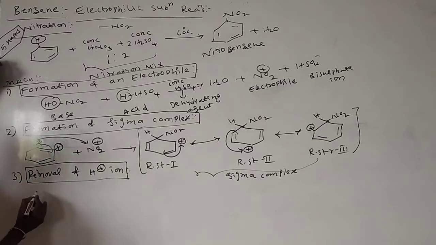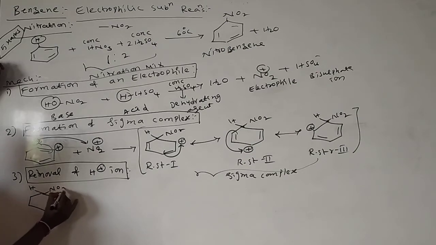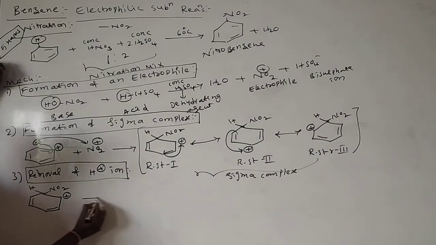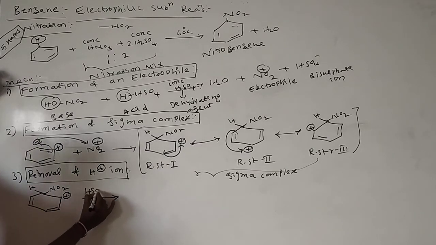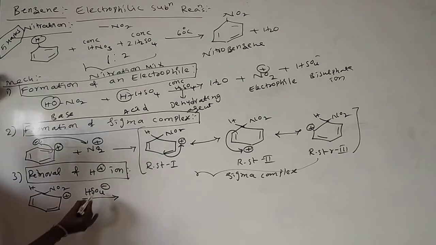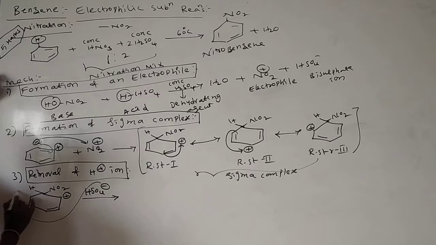Take any one of the resonance structures, H, here NO2, plus here bond. For our convenience, I took the first resonance structure. HSO4 minus attacks here on the hydrogen.